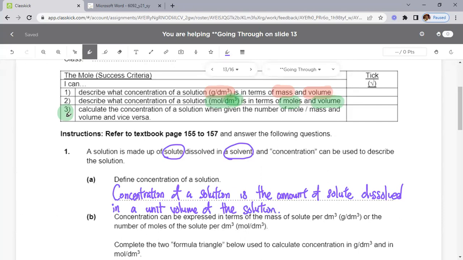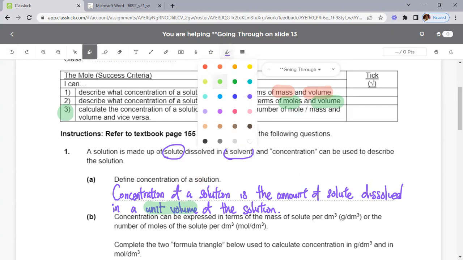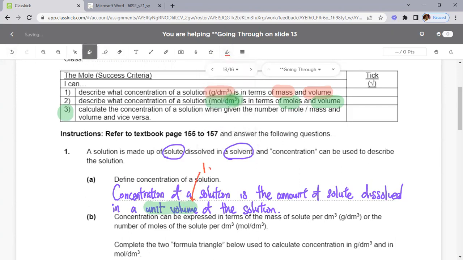So the definition is the amount of solute dissolved in the unit volume of solution. When we talk about unit volume here, typically in chemistry, our unit volume would normally be 1 dm cube. So it's how much solute is dissolved in 1 dm cube.